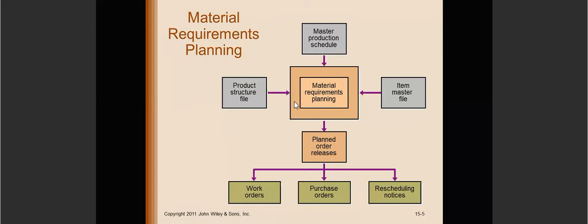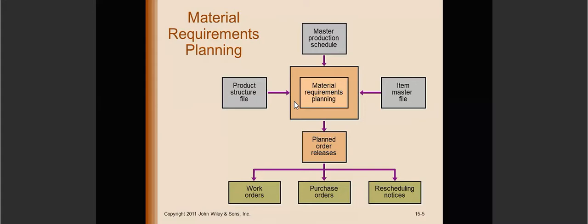If there is sufficient inventory to support the material requirement planning, the system will produce work orders. And if there is a shortage of inventory, the material requirement planning will release a purchase order, whether to an external supplier or an internal supplier.